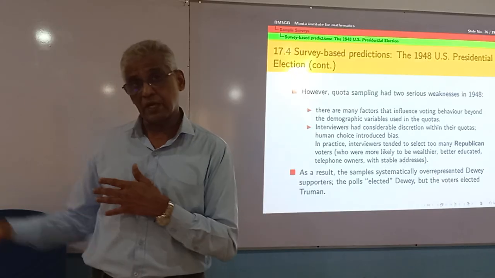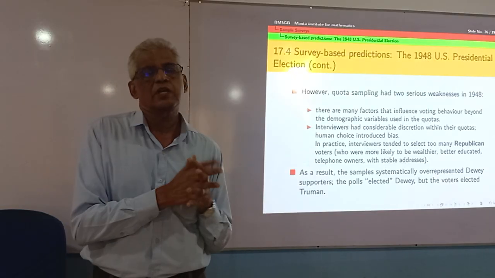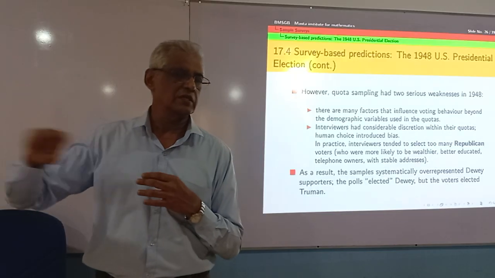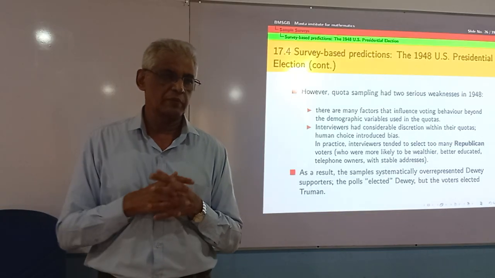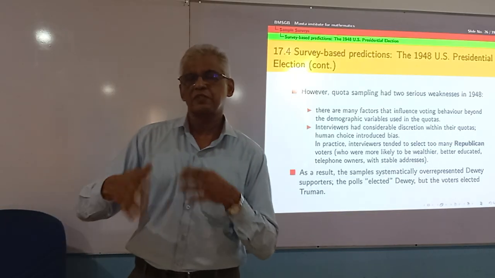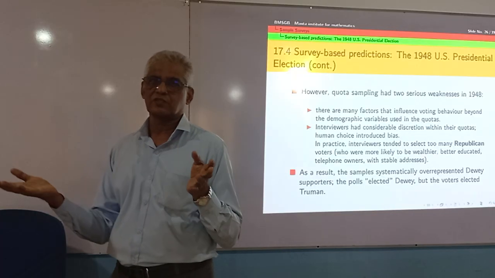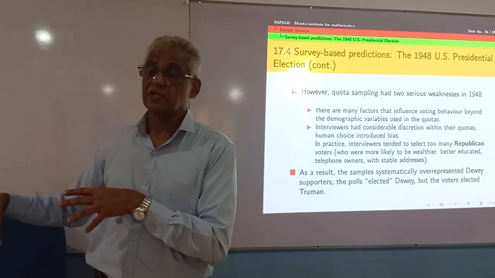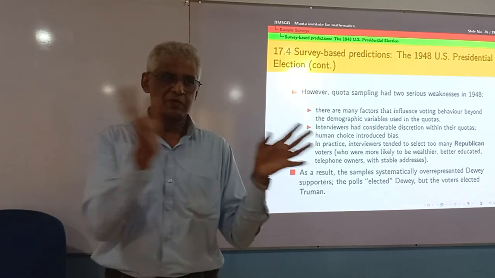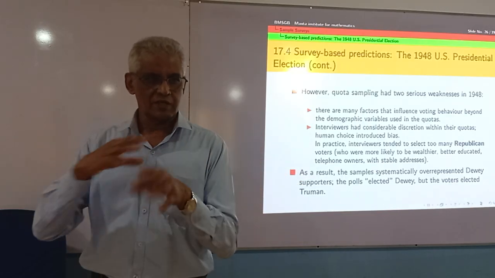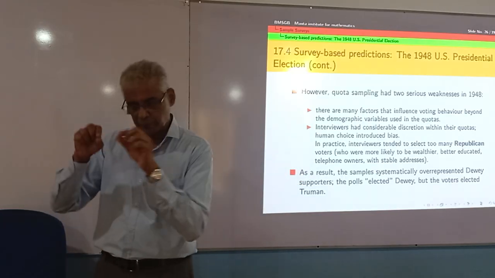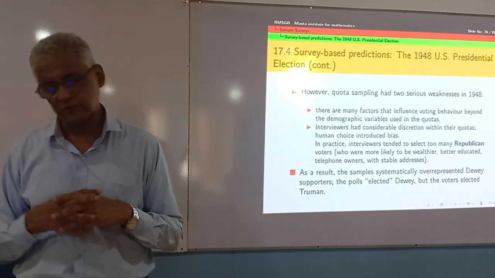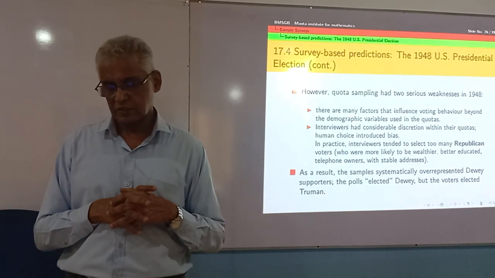But there may be some other factors which they have not understood, which may actually change the voting pattern. If you don't consider those variables, then it's not going to be a representative sample from the population for this particular study, right? Maybe some other variables are matching according to the proportions, but some of the important variables have not been considered. So that was one reason.